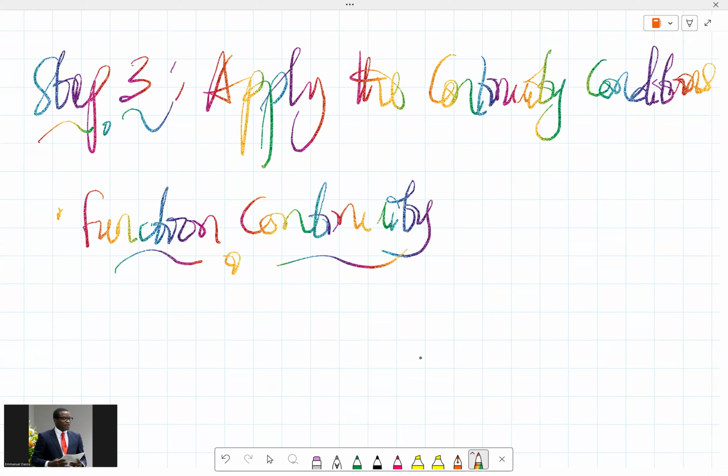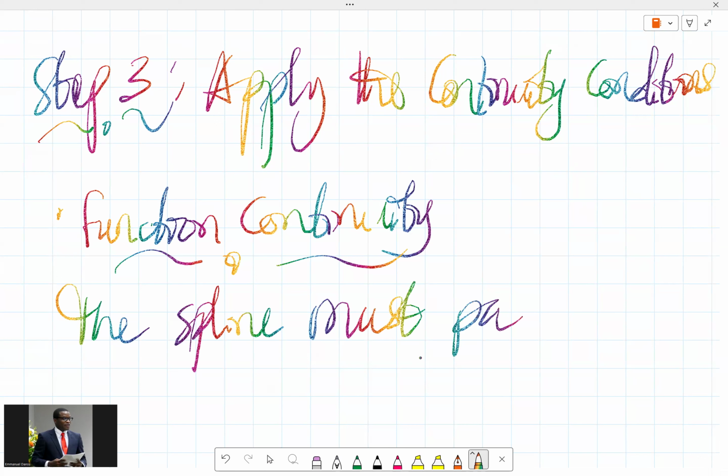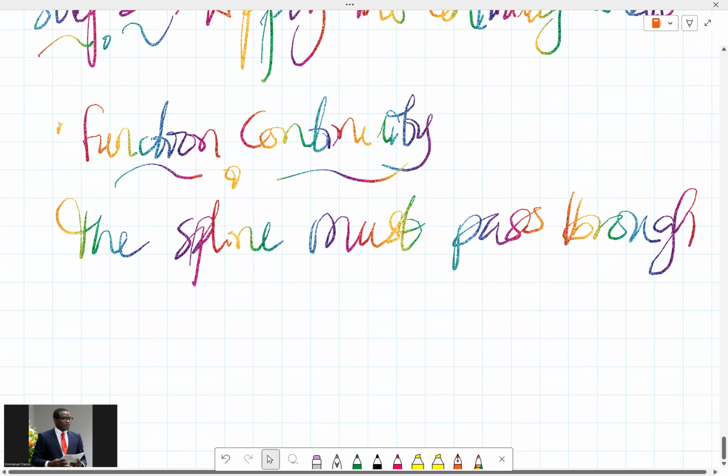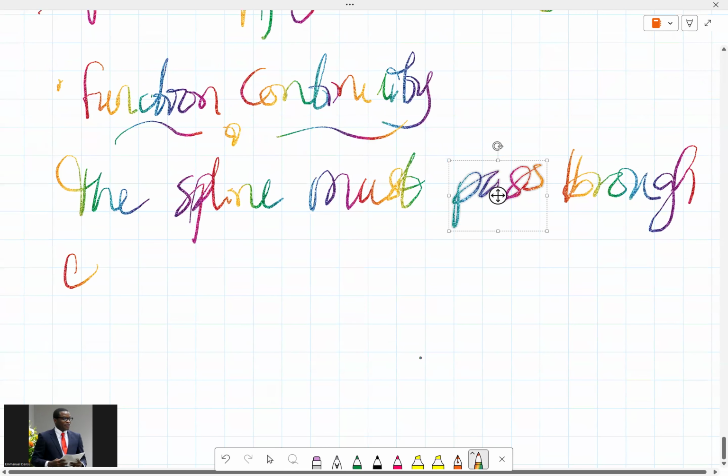So for the function continuity, we say that the spline must pass through each data point, because we want smoothness. The spline must pass through each data point.